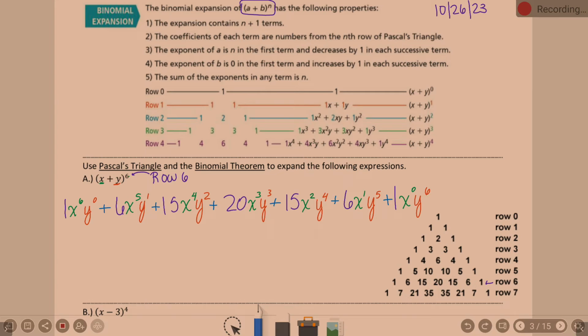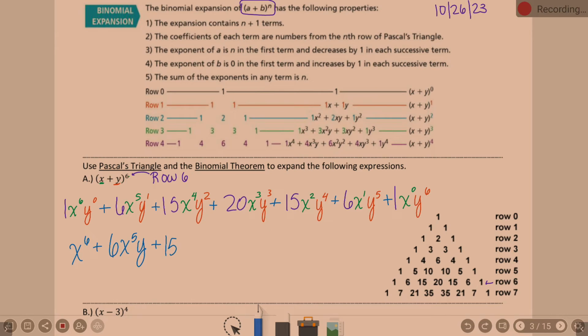Do I have to write the powers of 1? No. So my cleaned up version. Oh, and do I have to write coefficients of 1? No. So this first term, 1, x to the 6, y to 0, can be cleaned up to just be x to the 6th plus 6x to the 5th, y.